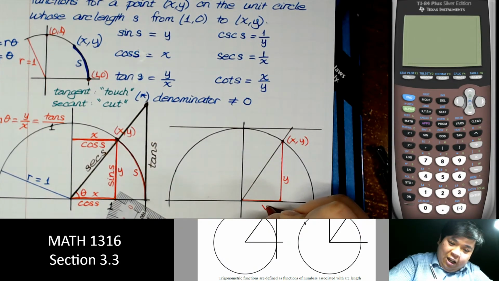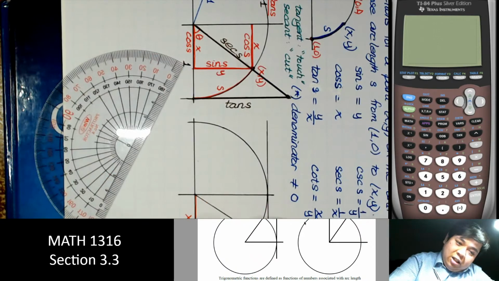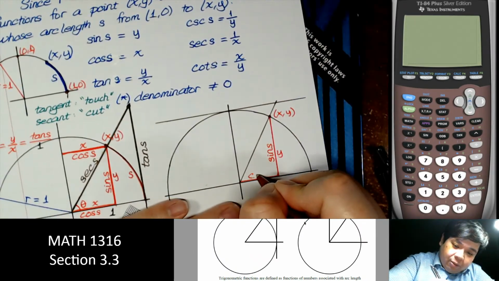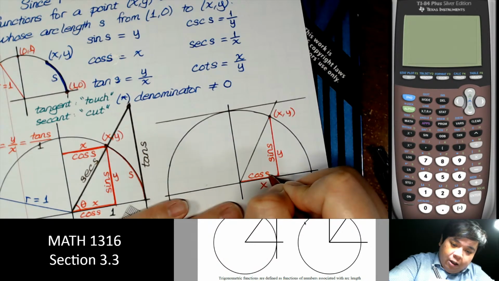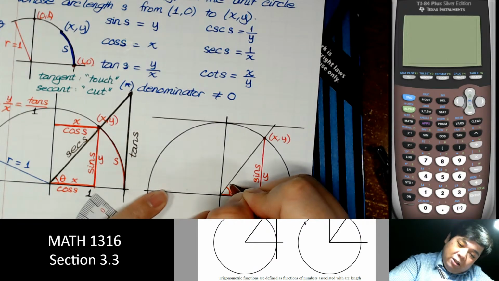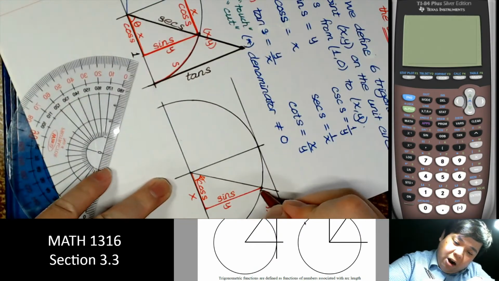Y is sine, cosine is x, s, theta, the arc length.